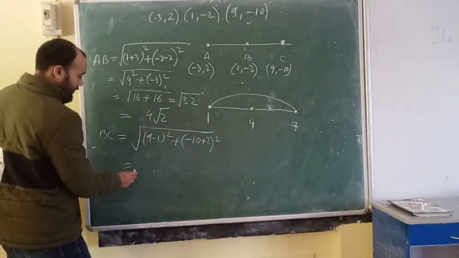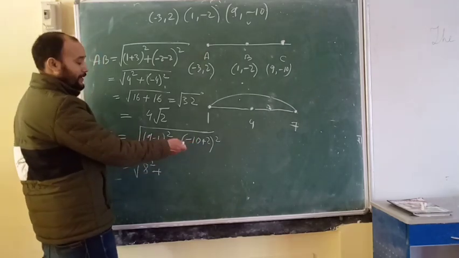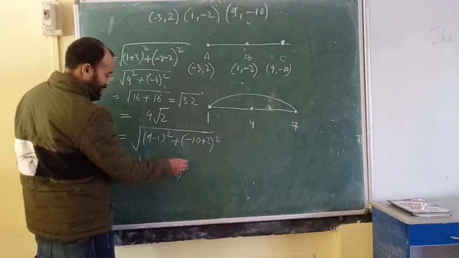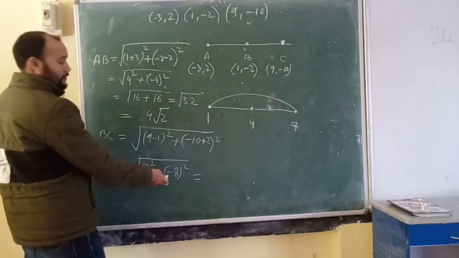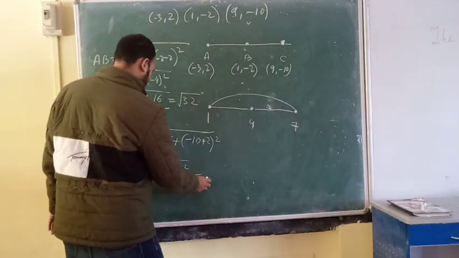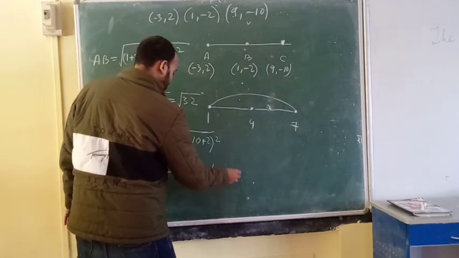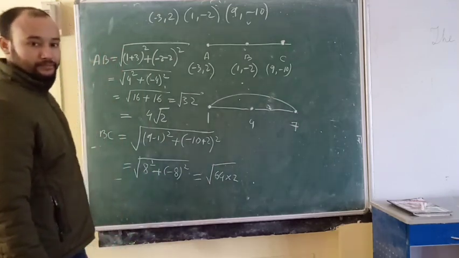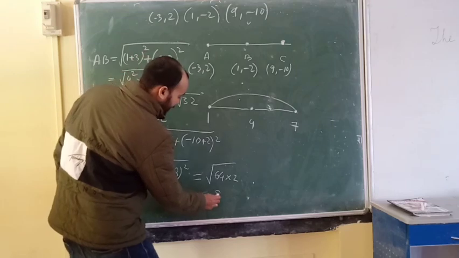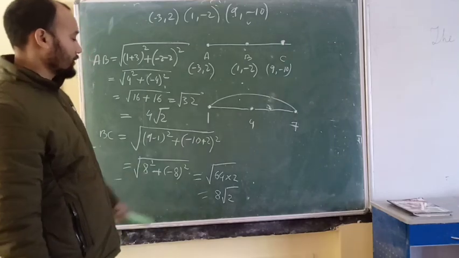It is 8 square plus minus 8 square, so it is 64 plus 64, that is 128. 128 is 64 times 2, and 64 gives 8, so 8 root 2. Are you understanding this? It is very simple.